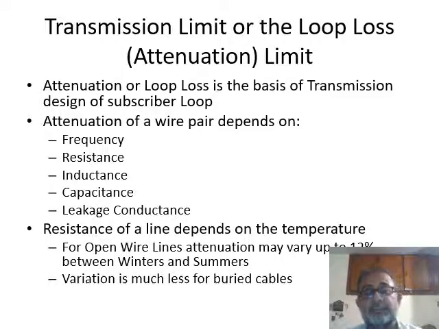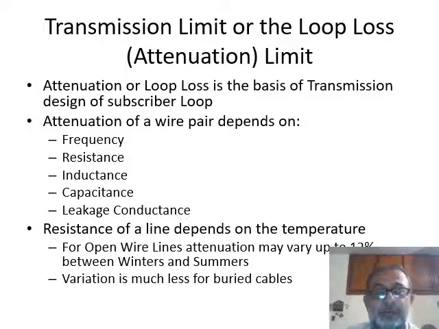Now let's see what parameter we should check for transmission. For example, we want to know if our voice signal would reach the other end, from the telephone exchange to the telephone set.